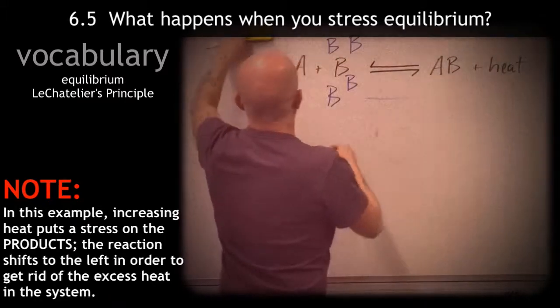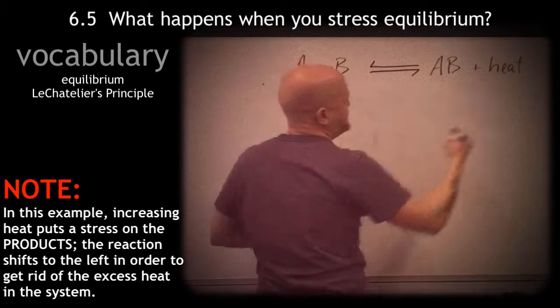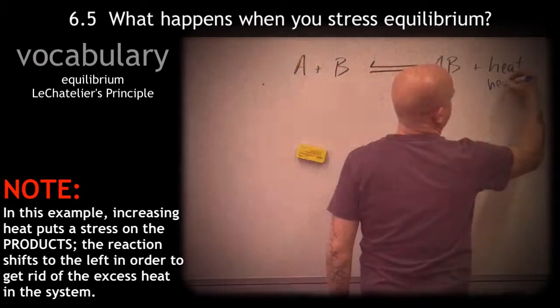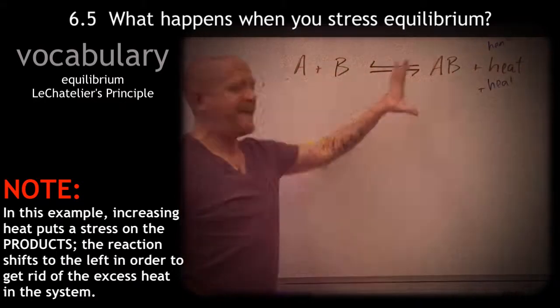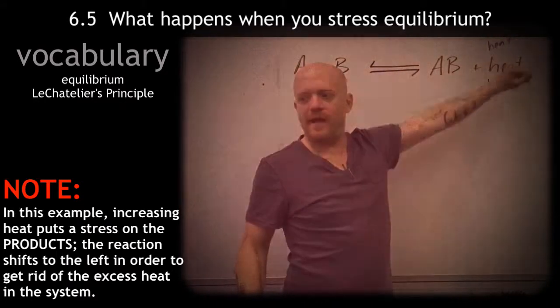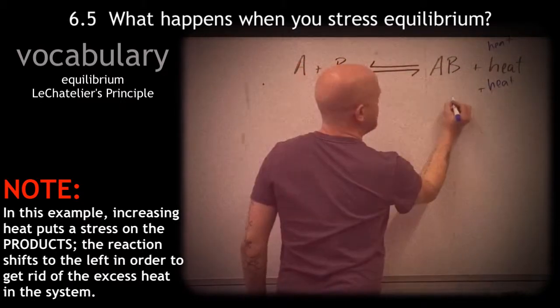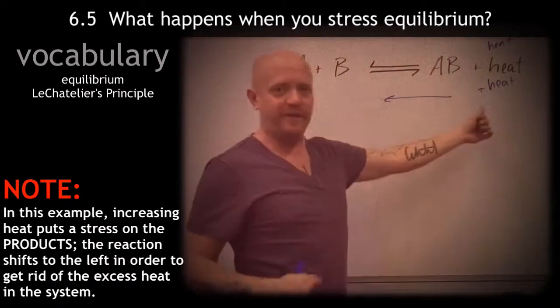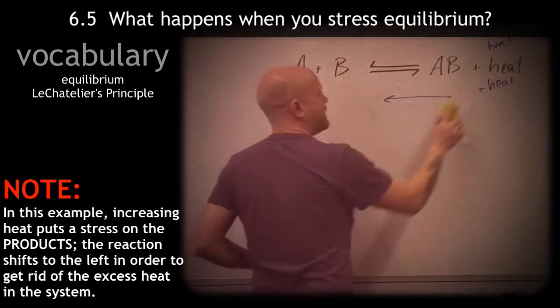Let's try another example. Let's say that I added a bunch of heat. So I add more heat. Now I have an excess of heat over here. I want the reaction to move away from that heat. So the reverse reaction is going to be favored in this situation, to get away from the heat.